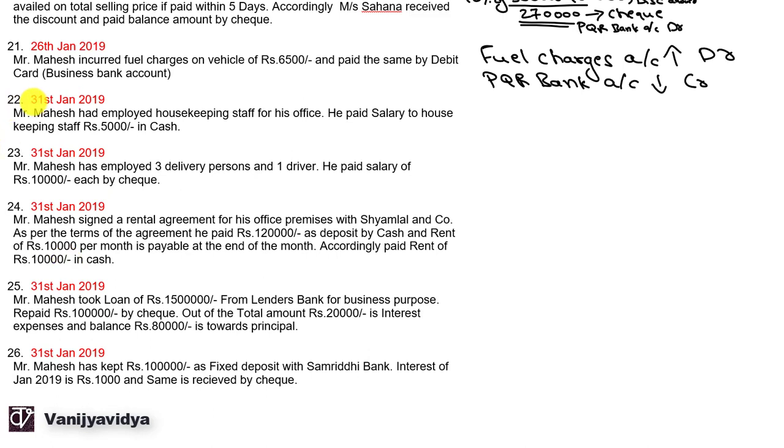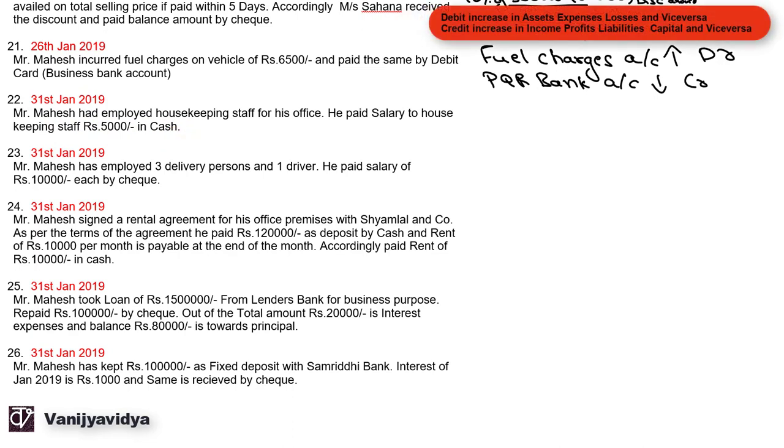Transaction number 22, 31st Jan 2019. Mr. Mahesh had employed housekeeping staff for his office. He paid salary to housekeeping staff, rupees 5,000 in cash. So there is one housekeeping staff in his office and he paid a salary of rupees 5,000 in cash to that housekeeping staff.